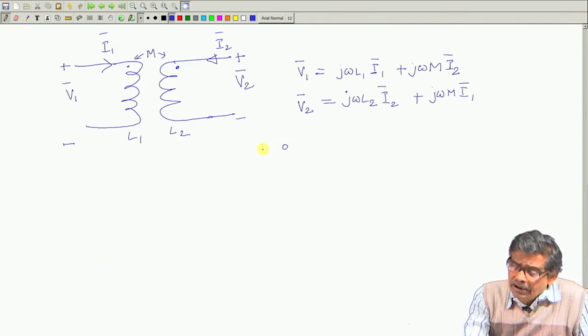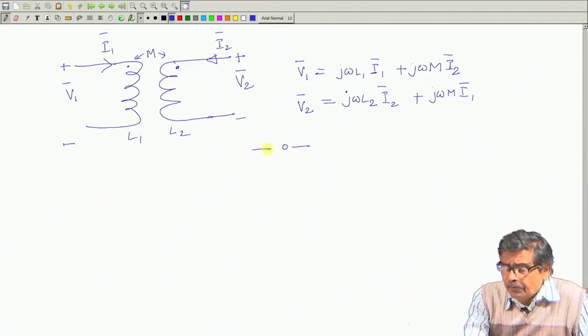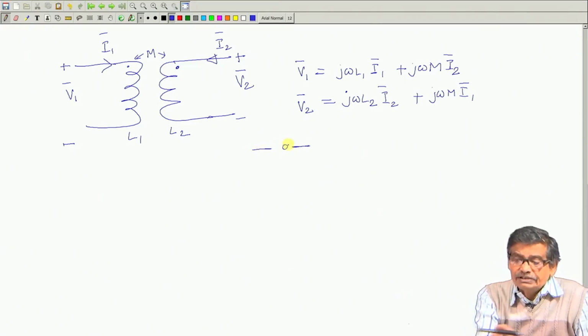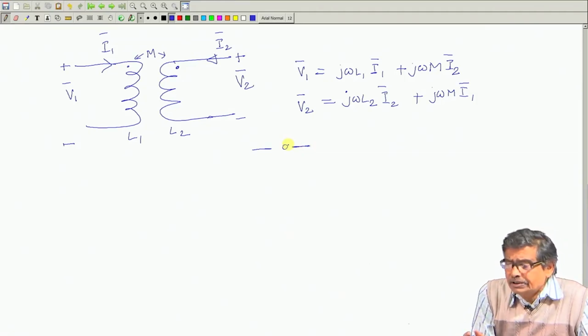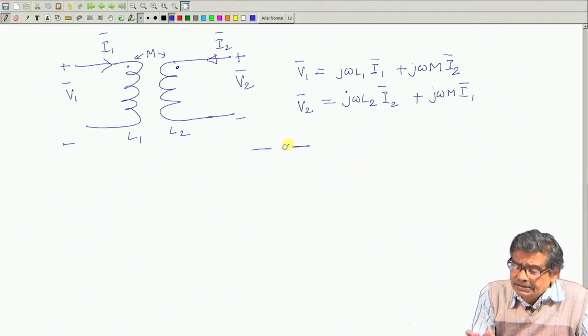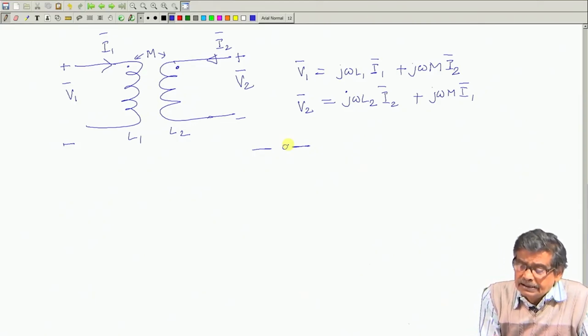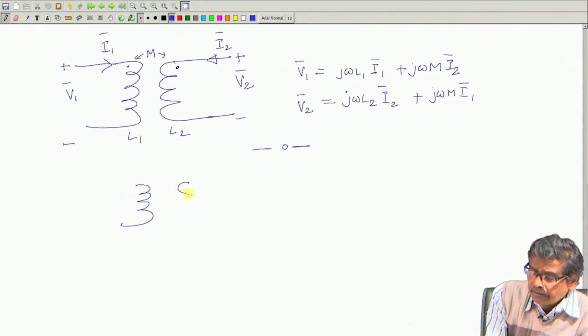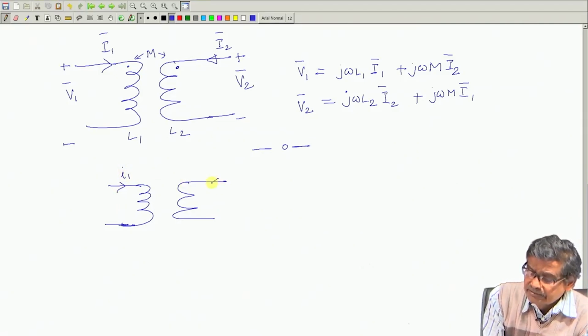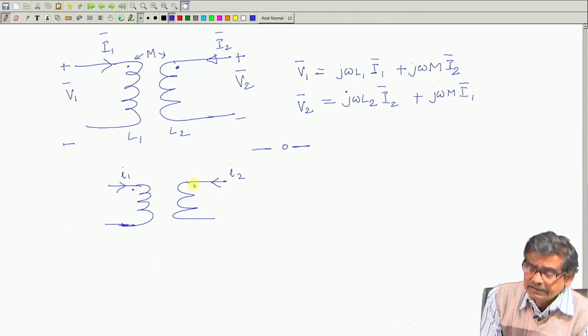Now, only one last point I want to make with these mutually coupled coils, which till now I have not pointed out, but it can be shown. For example, in the time domain it was like this: I1, suppose this is I2, this is the dot, all these things are fine.